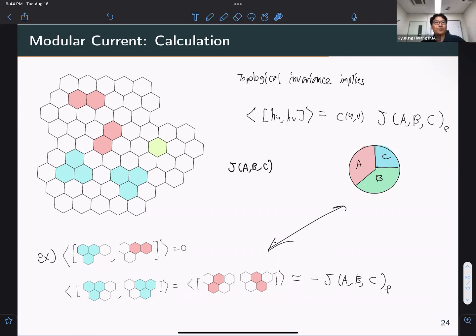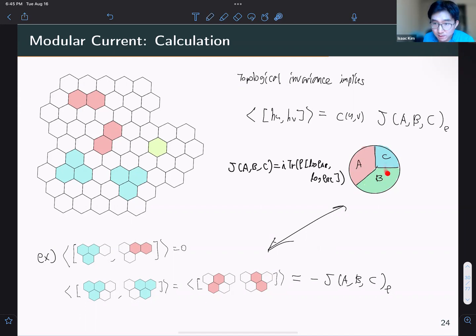Right. So anyway, the modular commutator between these two things should be equal to the commutator between these two things. Why? Because let me remind you that J_ABC is equal to i trace of rho log rho_AB log rho_BC. So rho_AB and rho_BC.